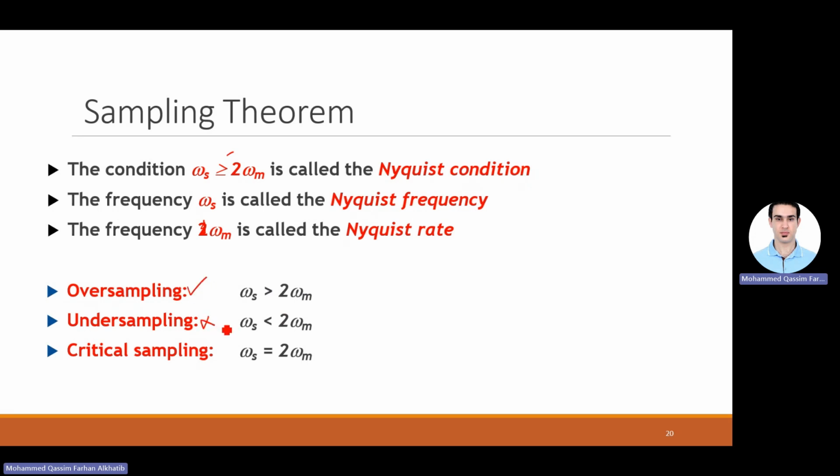Undersampling, definitely not, because that will cause aliasing. And critical sampling is also not preferred. Usually you assume that the filter is not sharp enough, and you have noise. Always sample at larger than twice the signal frequency, by a bit, not exactly twice the signal frequency.